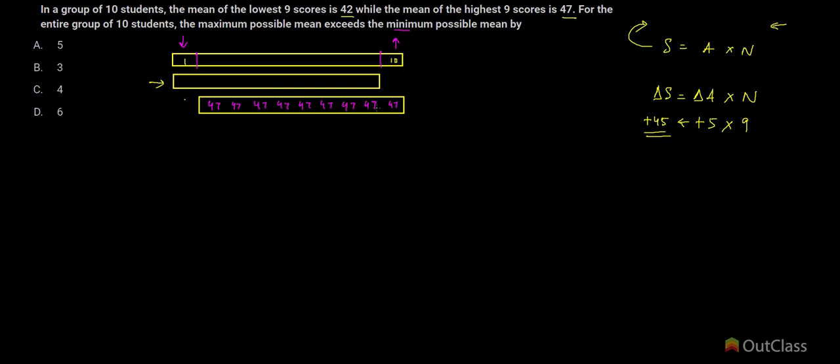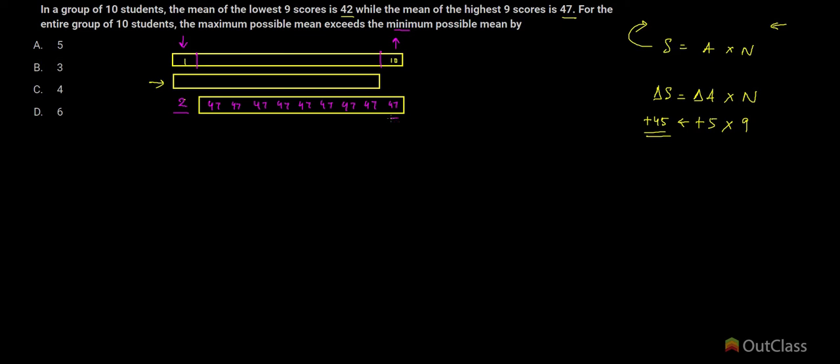Let all 9 of them be equal. Let all of them be 47. Their average is 47, and obviously the lowest guy is 45 less than 47, so that's a 2. We are not going to bother calculating the sum, but that's the lowest sum you can have.